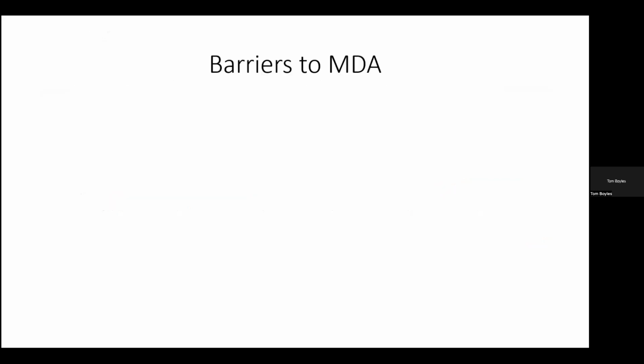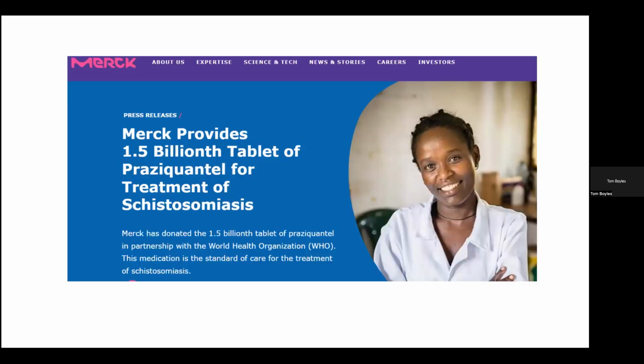So what's the problem? Why have we not been able to get these pills into children's mouths and young women's mouths? Well, it isn't the cost of the tablet. This is Merck. Merck produce praziquantel. This is them on their website telling us that they've just donated the 1.5 billionth tablet of praziquantel.